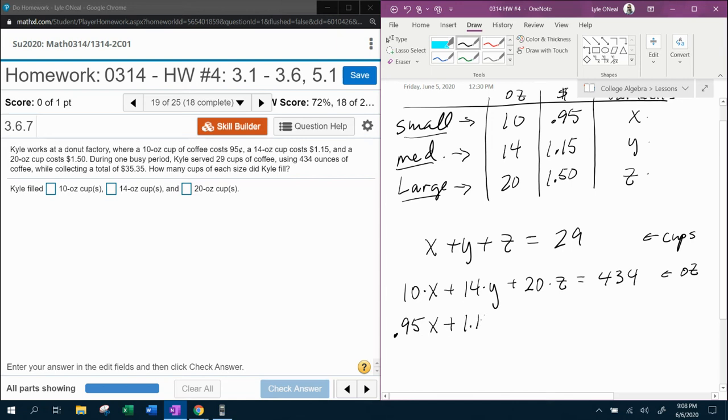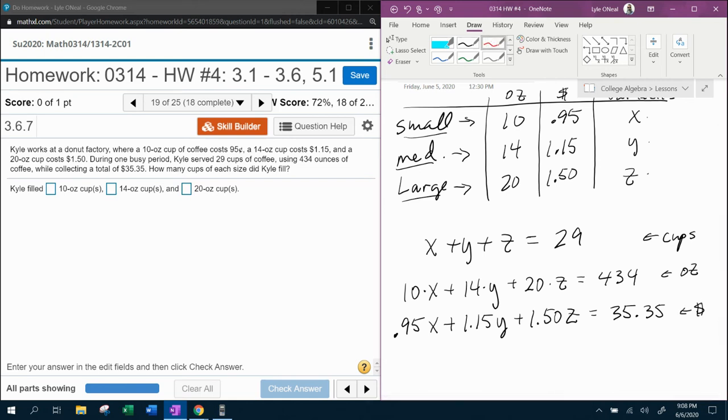The cost of a medium times how many medium cups were sold, that's going to give us the total income from medium sales. And then the cost of a large times how many large were sold. That gives us the total income from large sales. And if I add all the monies together, that should equal the total income, which was $35.35. Okay, so this is the money equation.